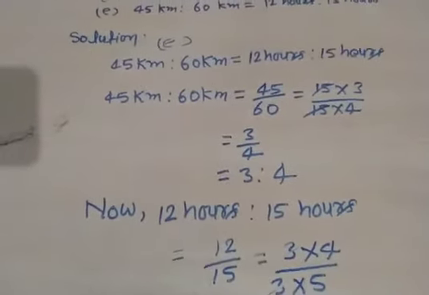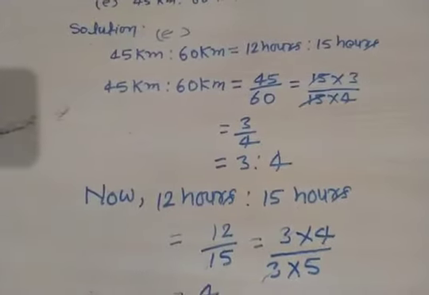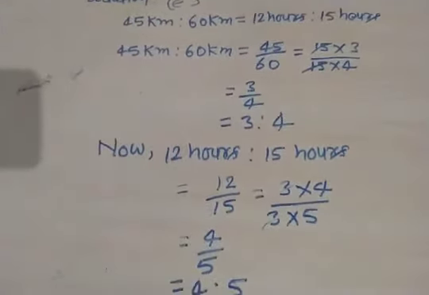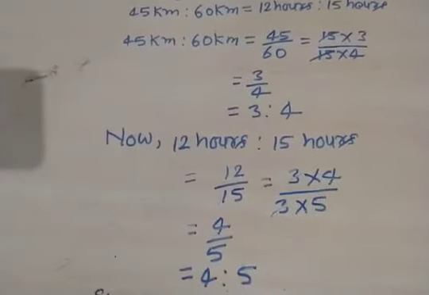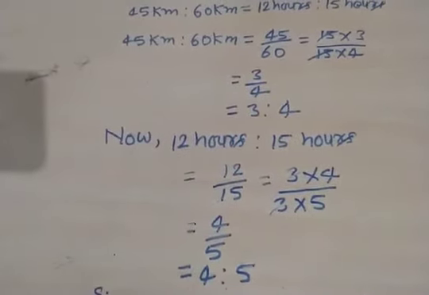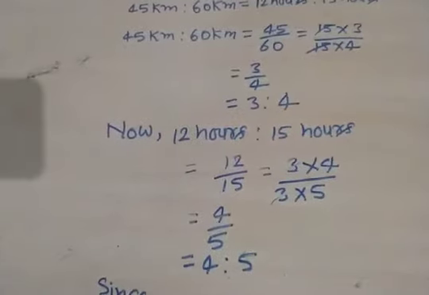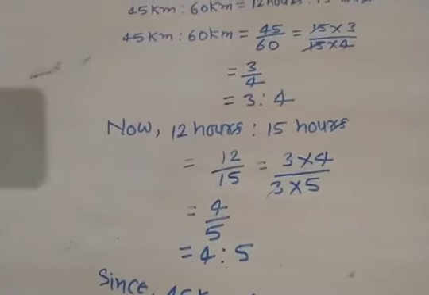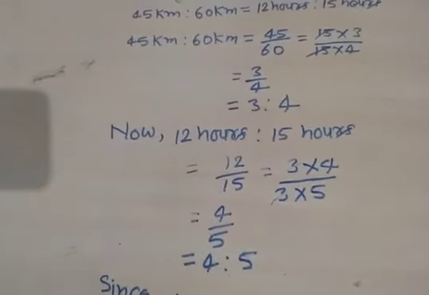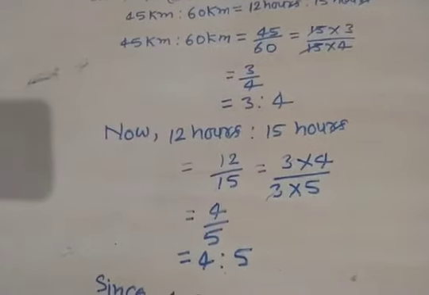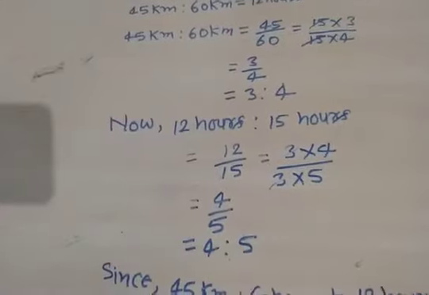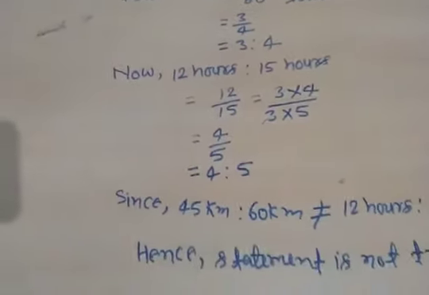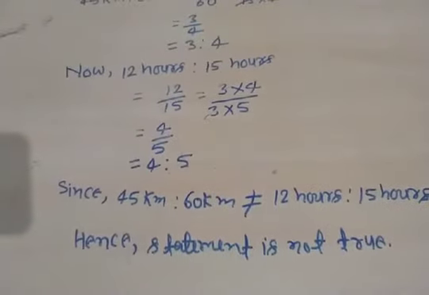So we convert both sides into ratio. On the left hand side we obtain 3:4, but on the right hand side, when you convert it to the simplest ratio, you obtain 4/5. So we observe here that the left hand side ratio is not equal to the right hand side. It means that they do not form a proportion. Okay, so we can say that the given statement is not true.